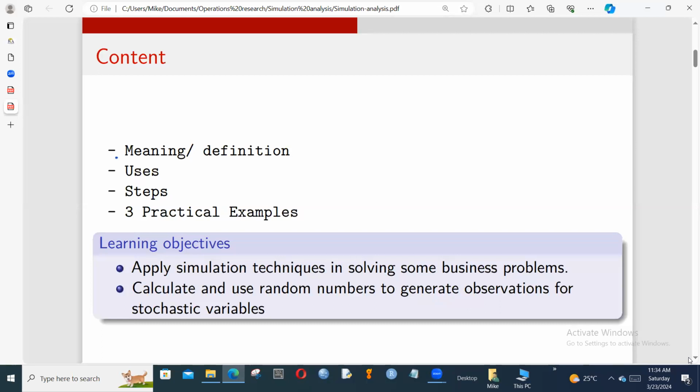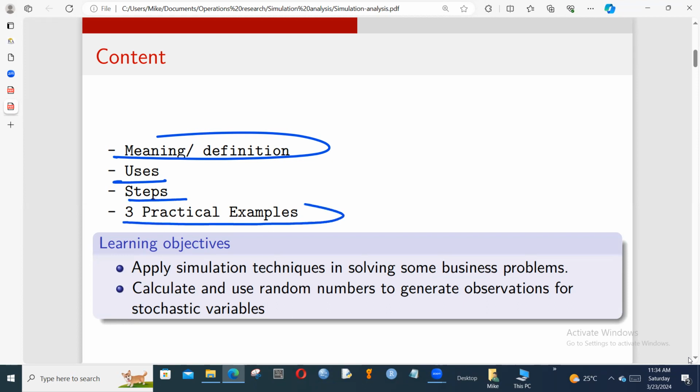So we want to briefly try to understand what simulation analysis is about, the different simulation models, the uses, the steps, and we are going to engage ourselves with 3 practical examples of how we can use simulation analysis to model a real life situation in business or event.